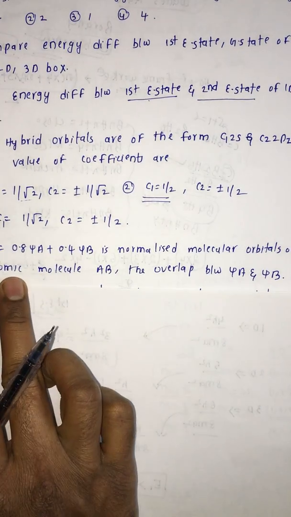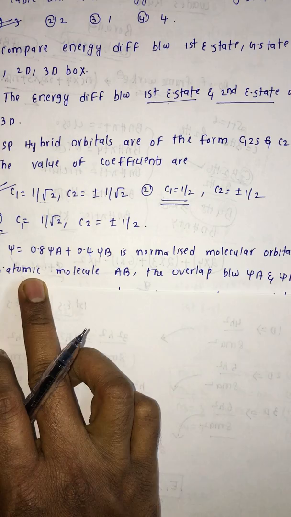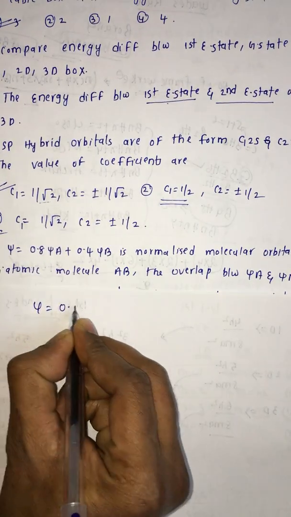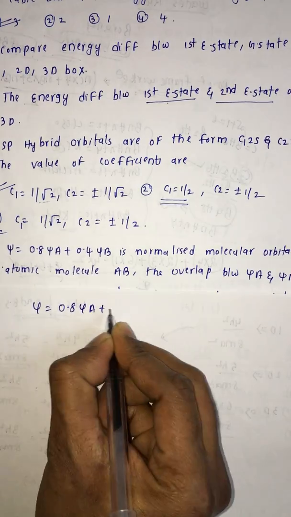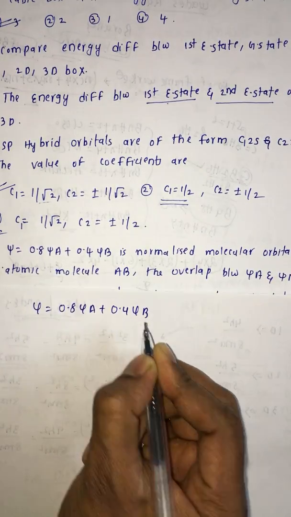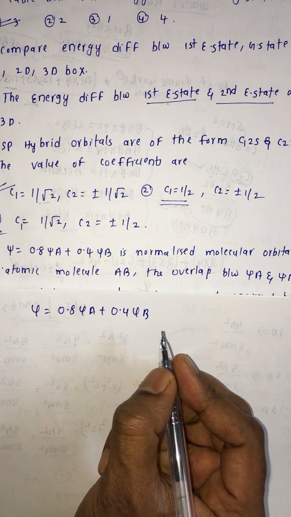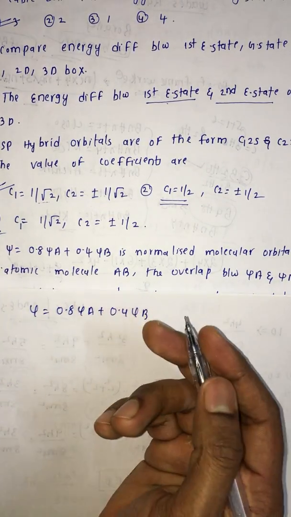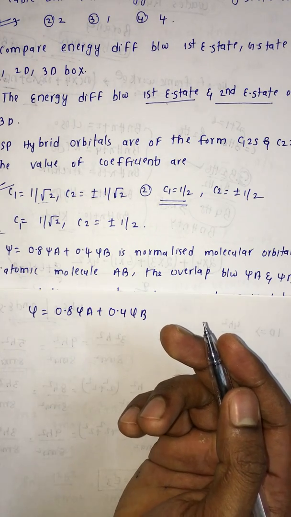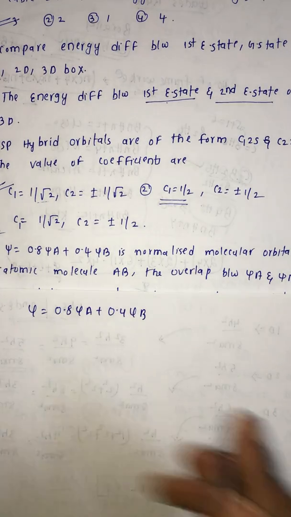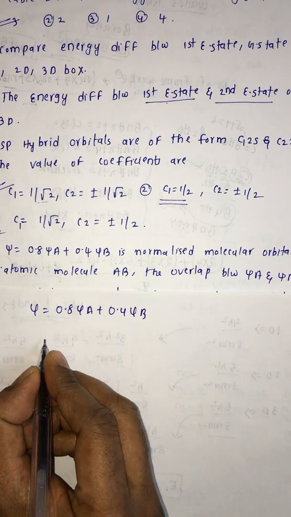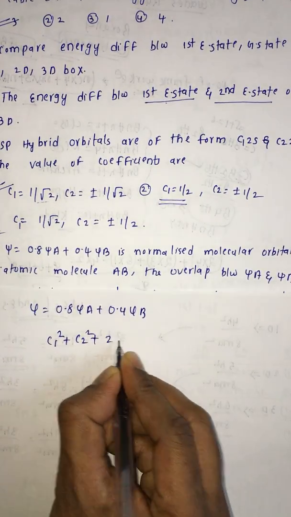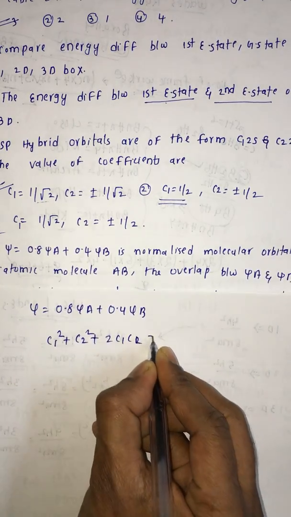And here we have psi equals 0.8 psi a plus 0.4 psi b, a normalized molecular orbital of diatomic molecule AB. The overlap integral is, so here one principle is there, that is c1 square plus c2 square plus 2c1c2 S equals 1.